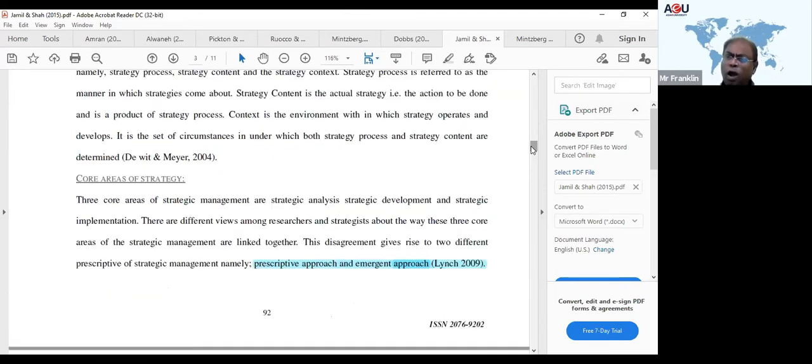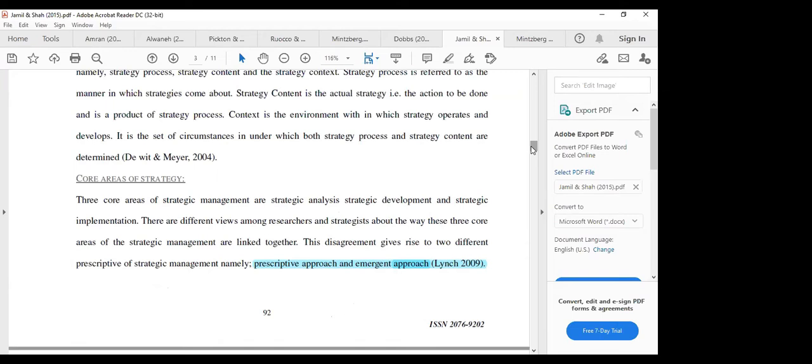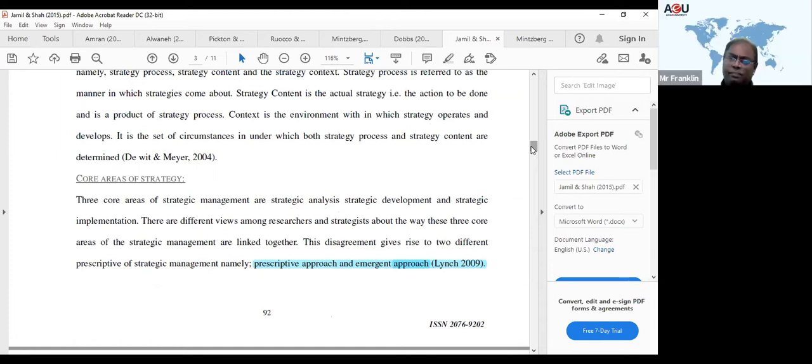They quote Lynch, 2009, saying that prescriptive approach and emergent approach are two popular strategic management directions. Or you can directly quote Lynch, you can say that also. If you want to quote Lynch, then you need to put Lynch at the bottom. If you do it this way, you don't have to put Lynch at the bottom. You just put Jamil and Shah at the bottom, because we know this is taken from Jamil and Shah.